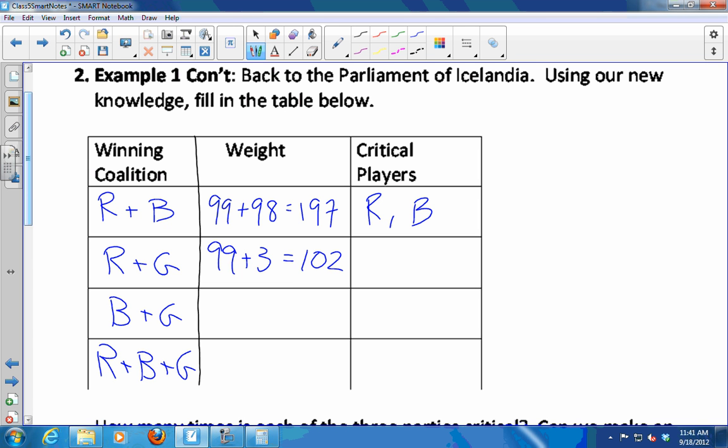Who's critical in the red and the green coalition? Both. Neither one can leave. If either leaves, they no longer have enough to pass. Blue and green, that's 98 plus 3, which is 101. So they just get to the quota. Who's critical? Both.